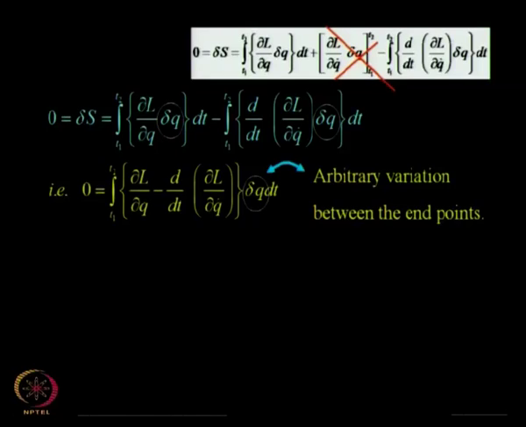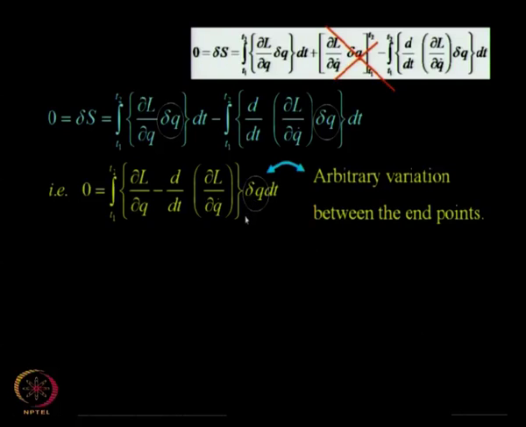So this variation being arbitrary, now you are confronted with a very simple situation. You have a definite integral from t1 to t2, an integral over time, indicated by this dt at the end, and the integrand is a product of two factors, one is a factor in this beautiful bracket and the other factor is delta q.